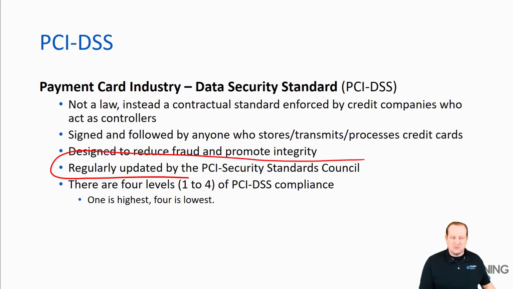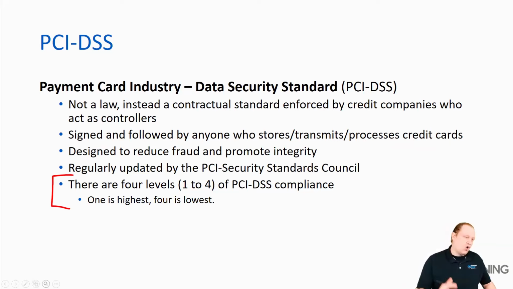These contracts are regularly updated as far as their requirements by the Payment Card Industry Security Standards Council. And there are multiple different levels, 4 different levels. One is the highest, and they have the most requirements. 4 is the lowest level, where they do less than 20,000 transactions a year, so they have the least requirements. But ultimately it's a tiered system where the more transactions you make, the higher the requirements for how you're going to promote integrity.